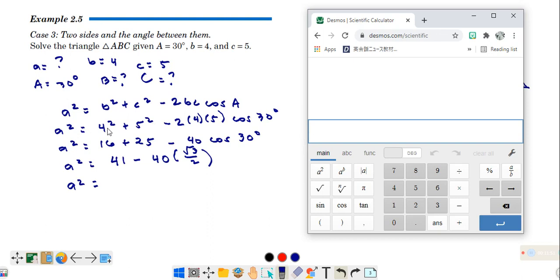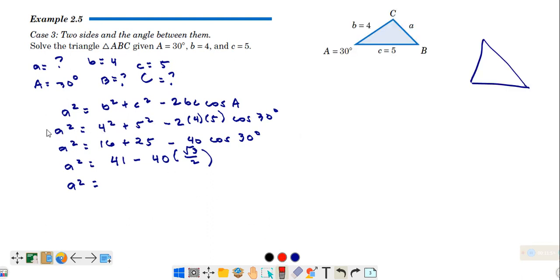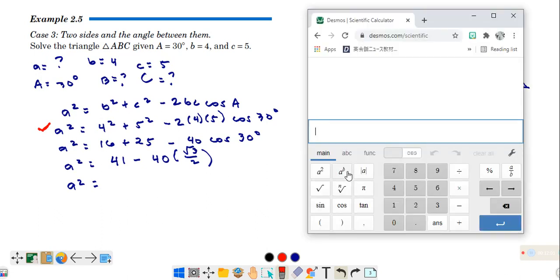Dito pa lang, pwede ka nang diretso ng calculate. So, pakita ko sa inyo kung paano siya ginagawa.